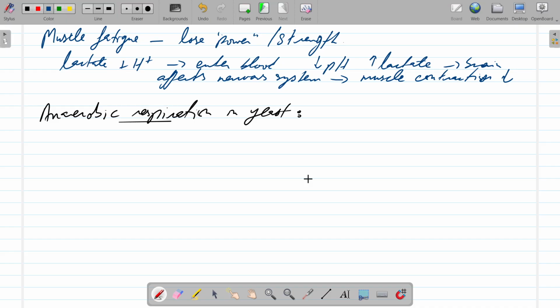Then you've got the yeast organism, and what happens here is slightly different. Not going into detail, but just giving you the overall equation. You've got glucose, and that is converted to ethanol, and carbon dioxide is released.